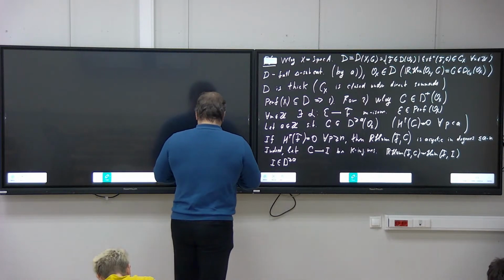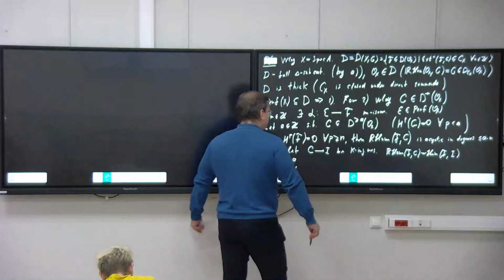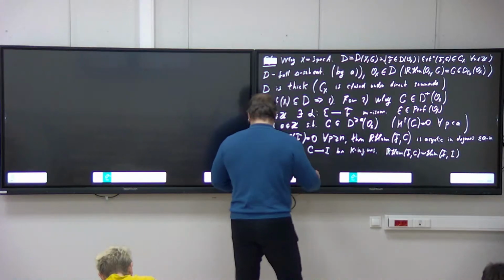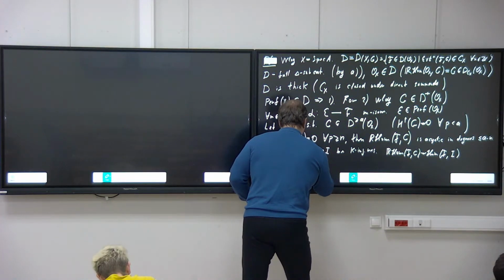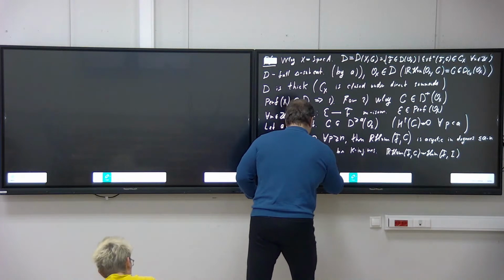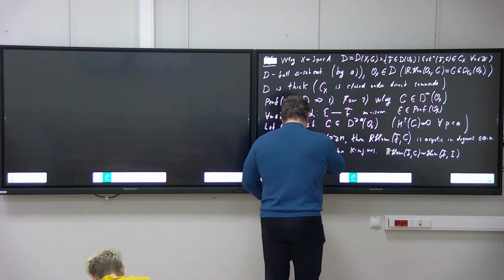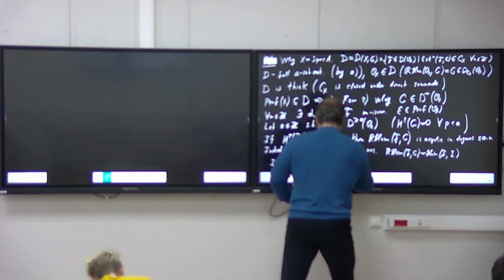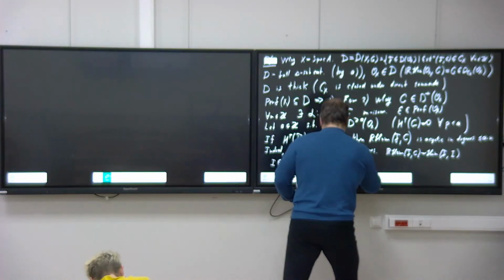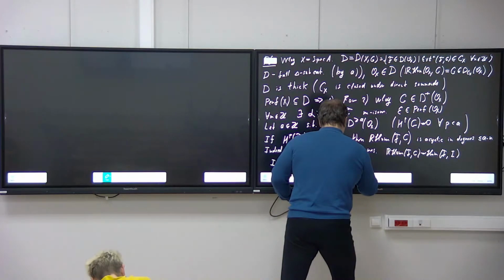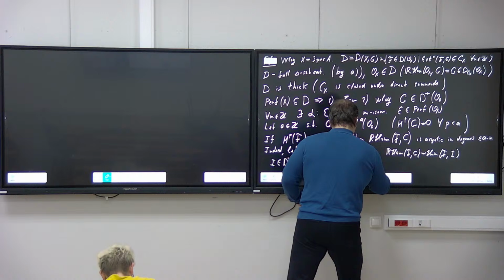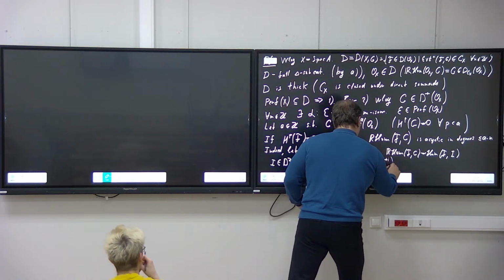And then the rest is just you look at the local Hom in the degree i between F and G, right? So by the definition, this is the product over all integers between Fk and Gk plus i.